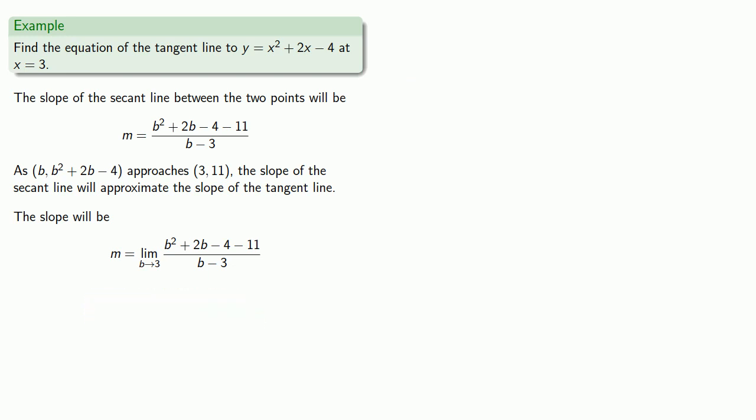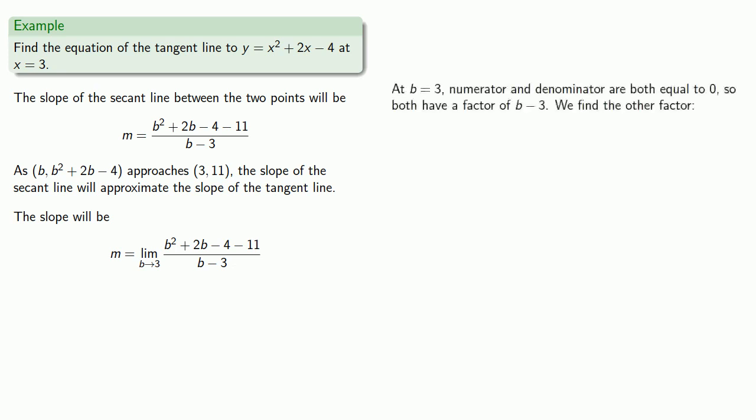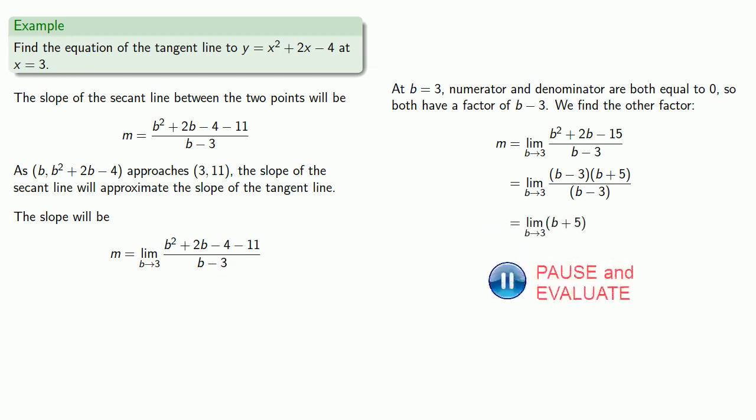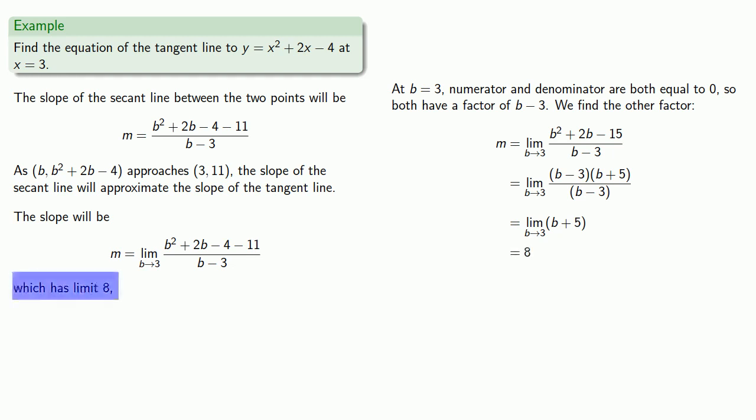Now to find the limit, we note that at b equal to 3, both numerator and denominator are equal to 0, so both have a factor of b minus 3, and we find the other factor. And we can simplify, and we find the limit. And now we have a slope and the point on the line, and so we can write the equation of the line.